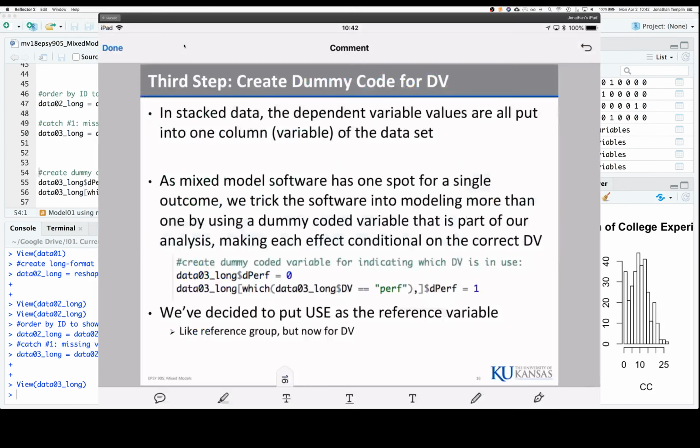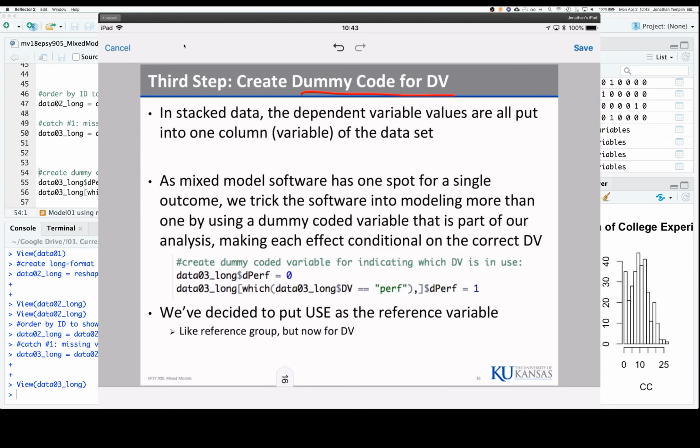The next thing we have to do, and this is the big step for everything that we do in these mixed models, is we have to create a dummy code for the dependent variable. Right? So why are we doing this? Well, the analysis itself, our mixed model analysis, only allows for one dependent variable from a data frame to be input into the model.